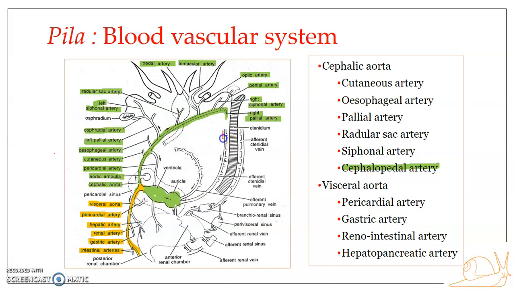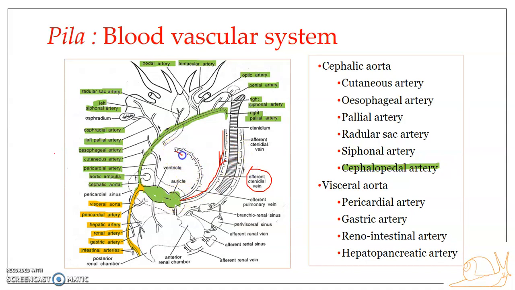The blood flows in this direction, towards the auricle from the ctenidium. It is carried via the afferent ctenidial vein. I hope it is clear. The afferent ctenidial vein carries blood from the ctenidium towards the auricle.